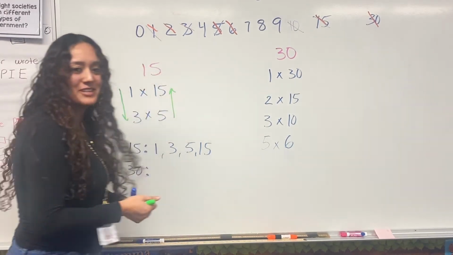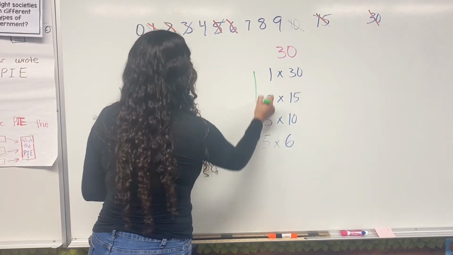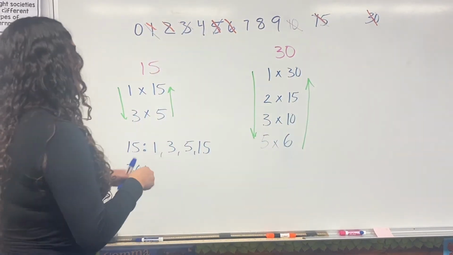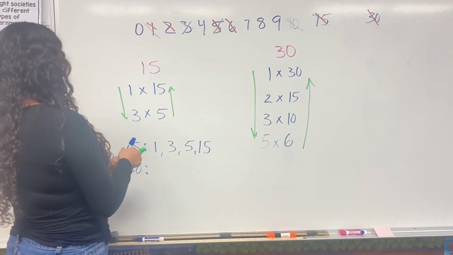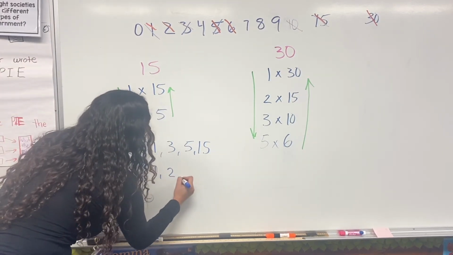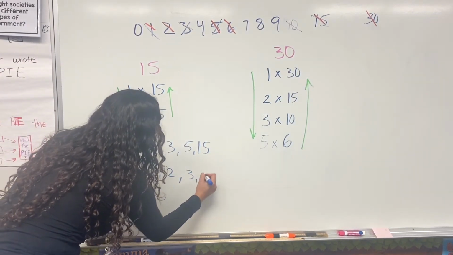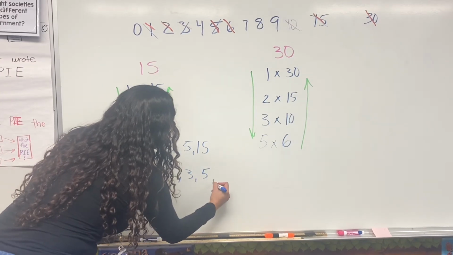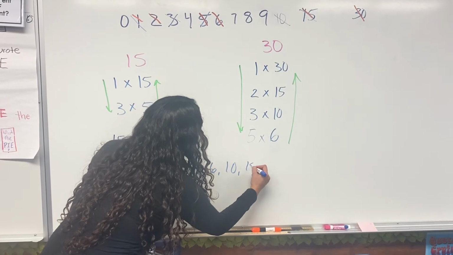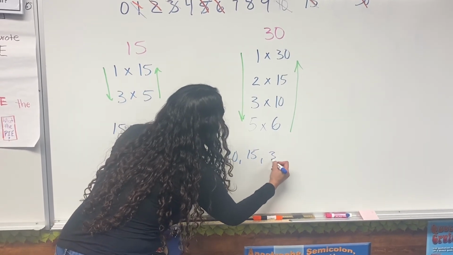You know we learn from each other, guys. I'm going to do the same thing with the arrows because I love visuals. So I'm going to list them in that order. So I'm going to have 1, 2, 3, 5, 6, 10, 15, and 30.